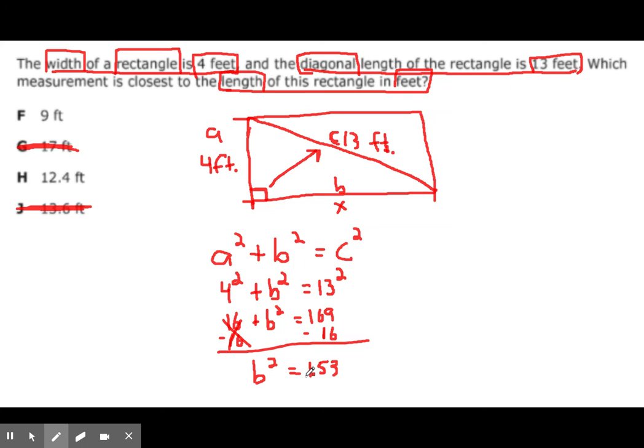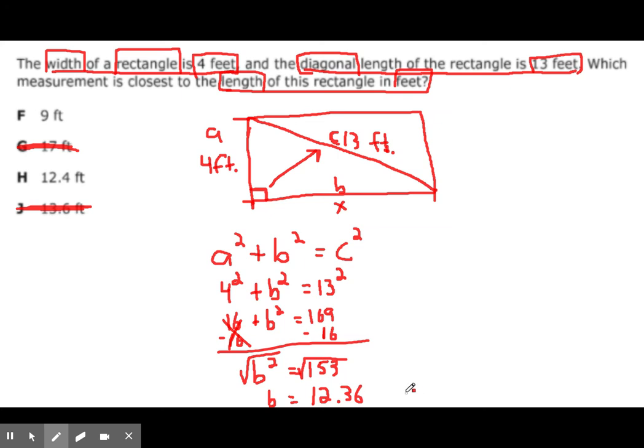But I want to know what B is equal to. So in order to do that, I need to do the opposite of squaring a number. The opposite of squaring a number, we know, is taking the square root of a number. So if I take the square root of B squared, that leaves me with just a single B is equal to, and if I go to my calculator and type in the square root of 153, I get 12.36, and then it keeps going.